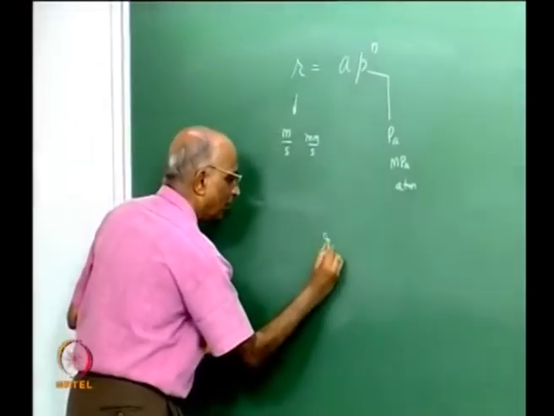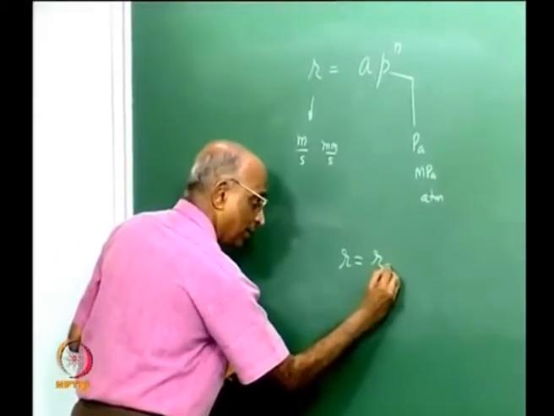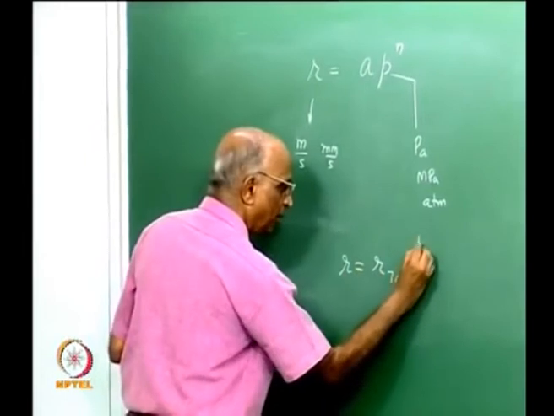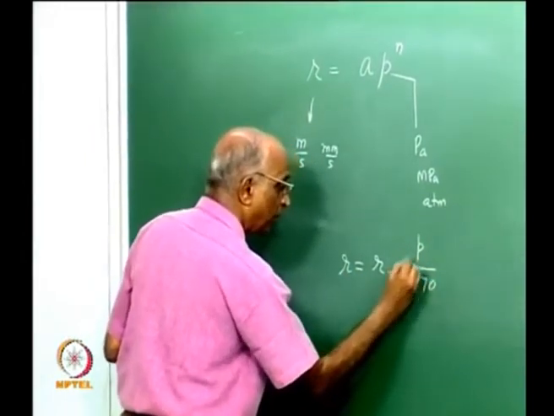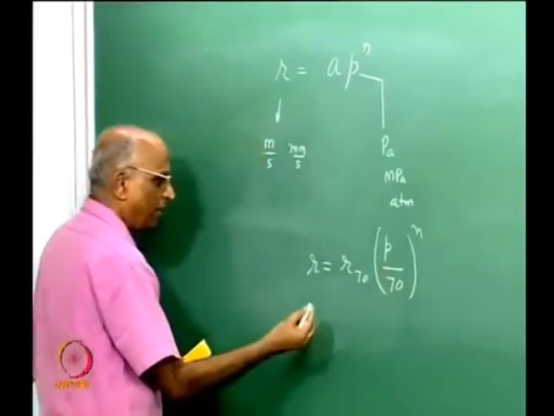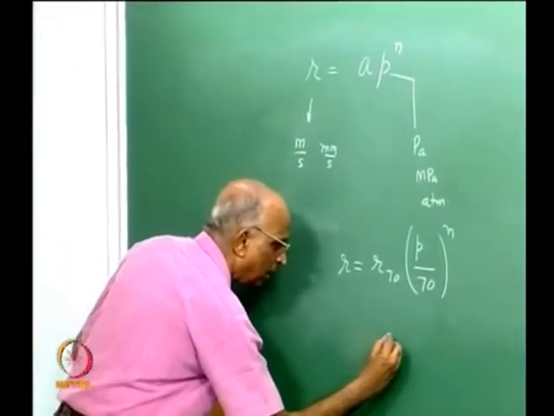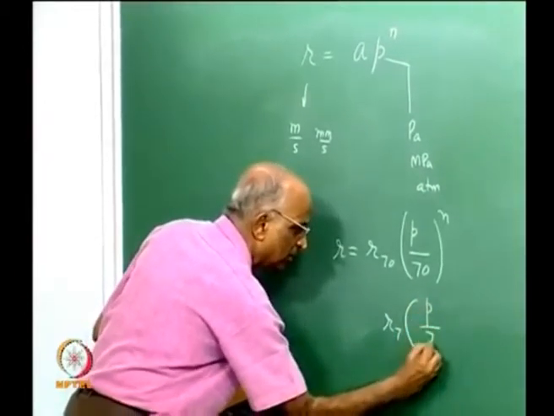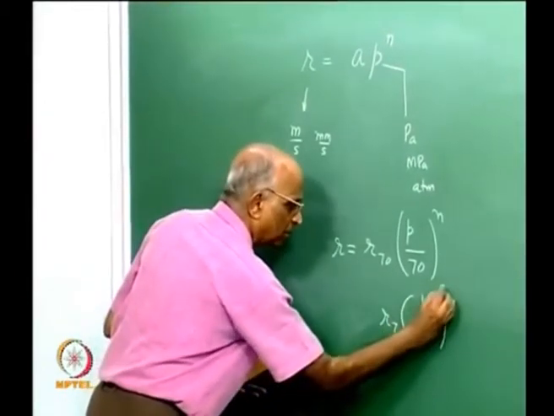r is equal to r at 70 bar or 70 atmospheres into pressure divided by 70, provided P is in atmosphere, to the power n. Or if I am expressing in terms of megapascal, r at 7 megapascal, P is in megapascal, 7 megapascal to the power n.